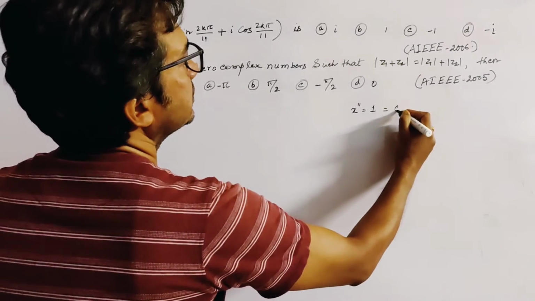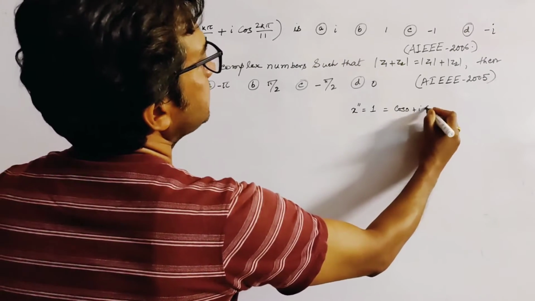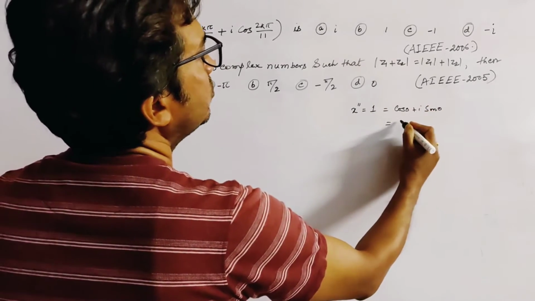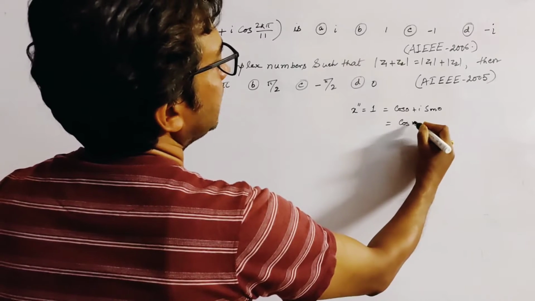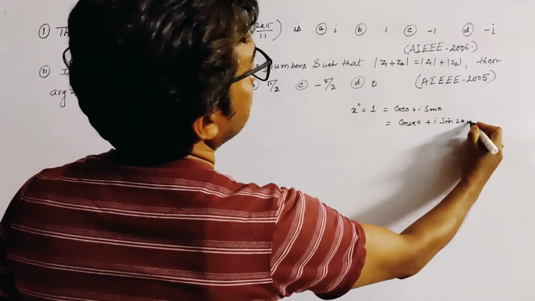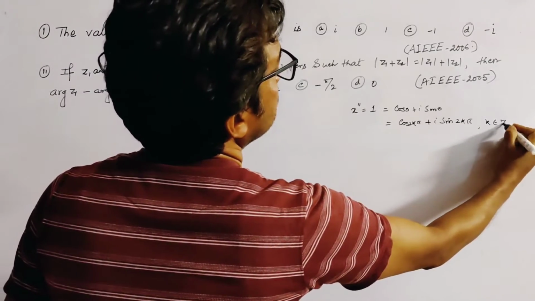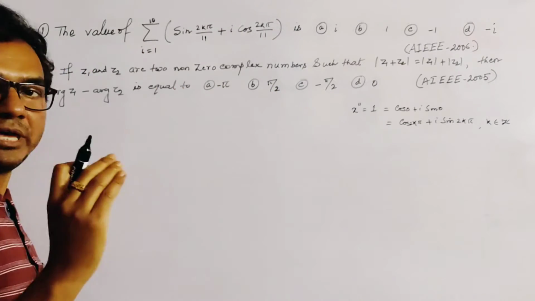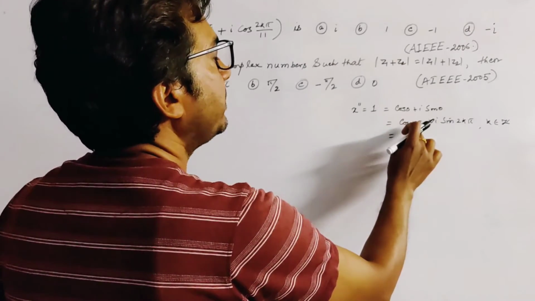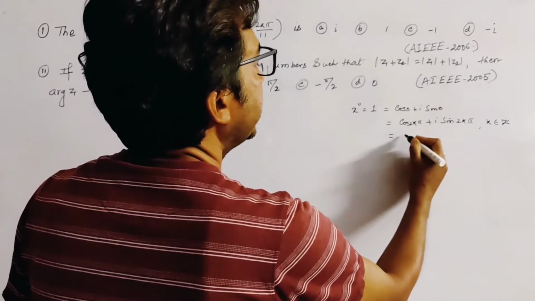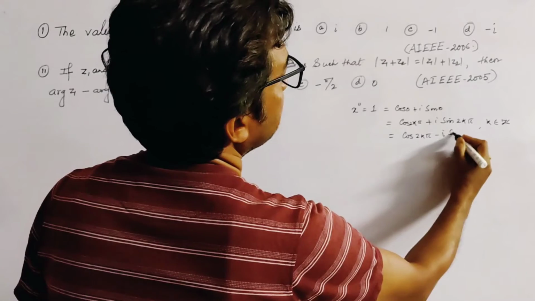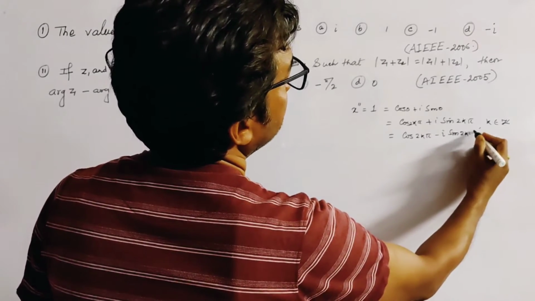And this is cos 0 + i sin 0, right? Generalizing this value, we get cos 2kπ + i sin 2kπ, where k belongs to Z, the set of integers. If we replace k by minus k, we get cos 2kπ - i sin 2kπ.